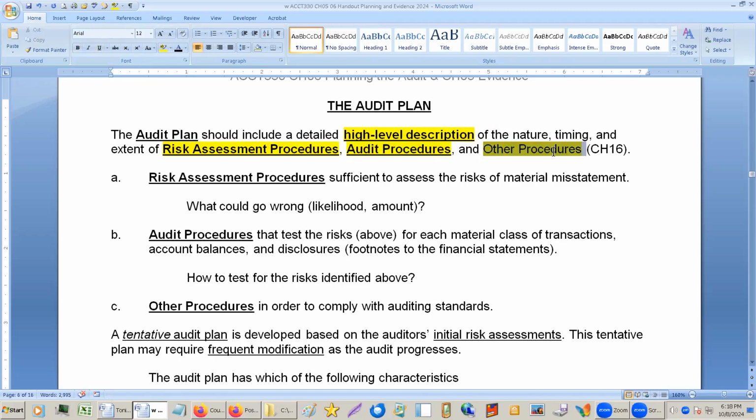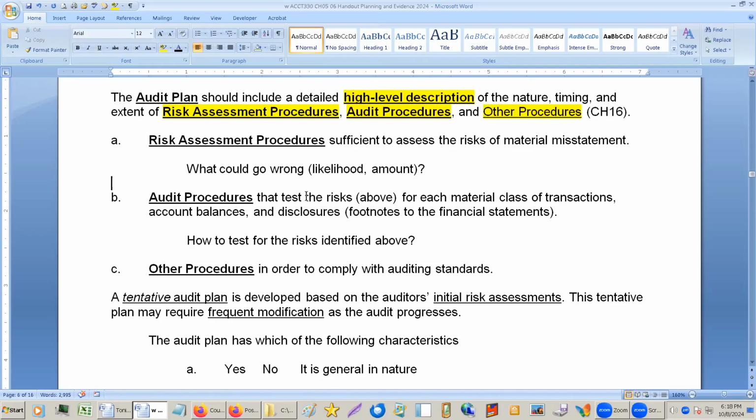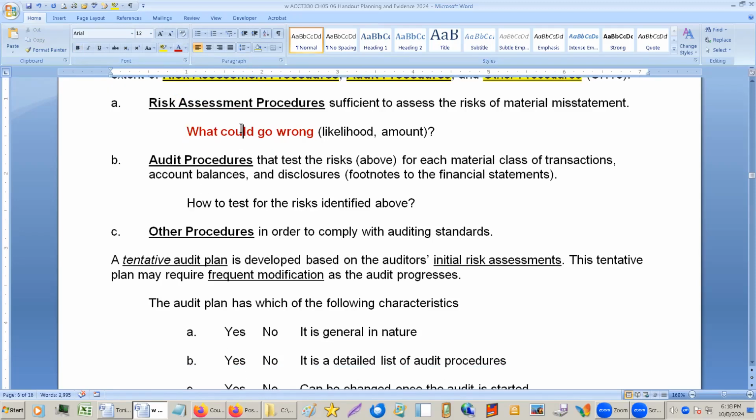We'll underline this one for now. Okay, so risk assessment procedures, what could go wrong? Once we figure out what could go wrong, then we make our tests to test for those things.